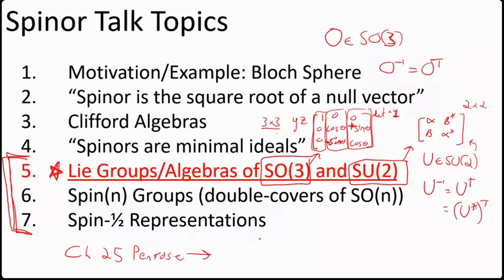Well, I know that the relationship is that SU2 is the double cover of SO3, so we're going to see what that means. Yeah, I can answer that. Actually, symmetry breaking isn't connected, I think anyway, to this SO3 group.